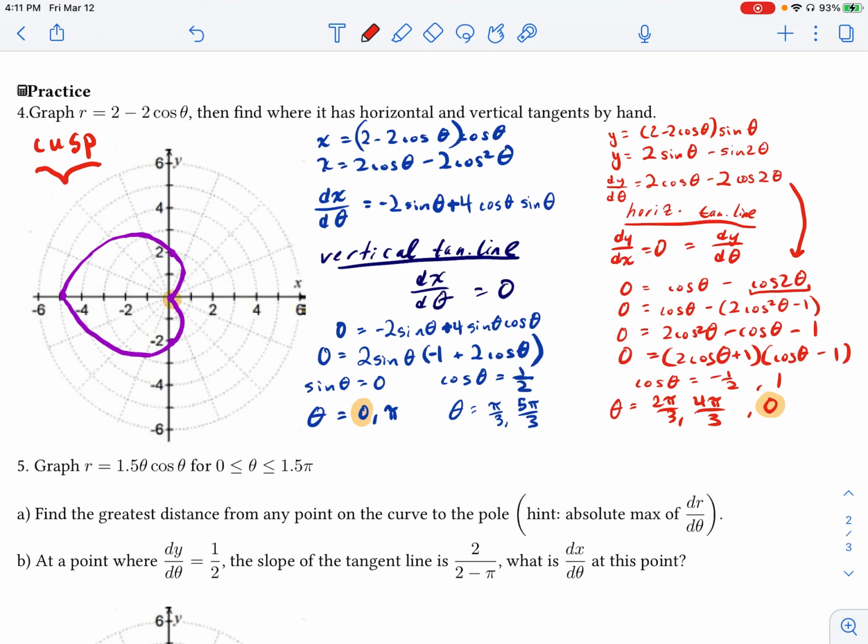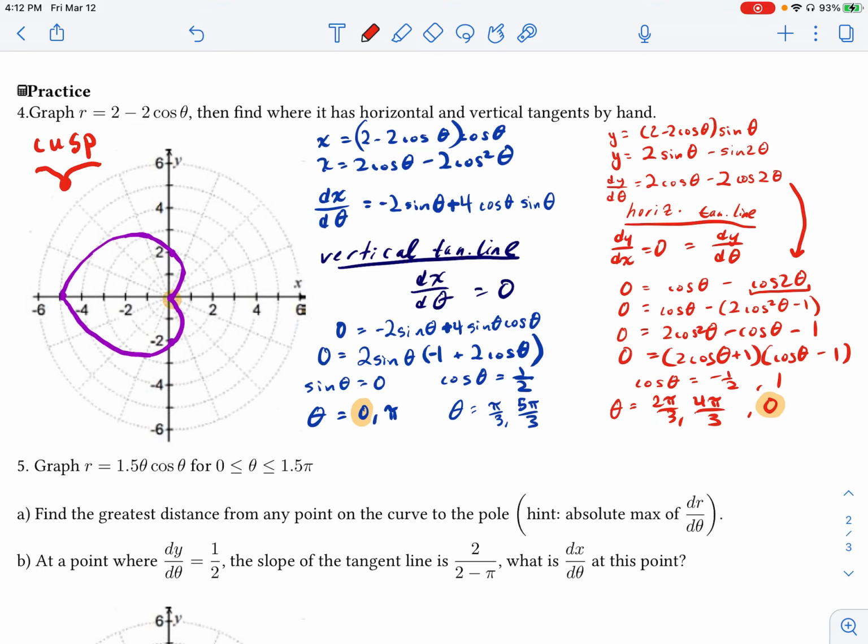It's a non-differentiable point here because the one-sided limits are both approaching negative infinity. So because the limit doesn't exist, we would say that this cusp is a non-differentiable point because we cannot find the derivative at that point.